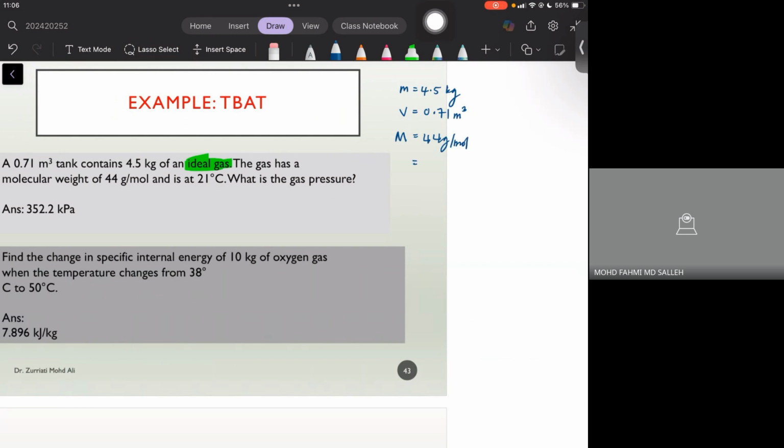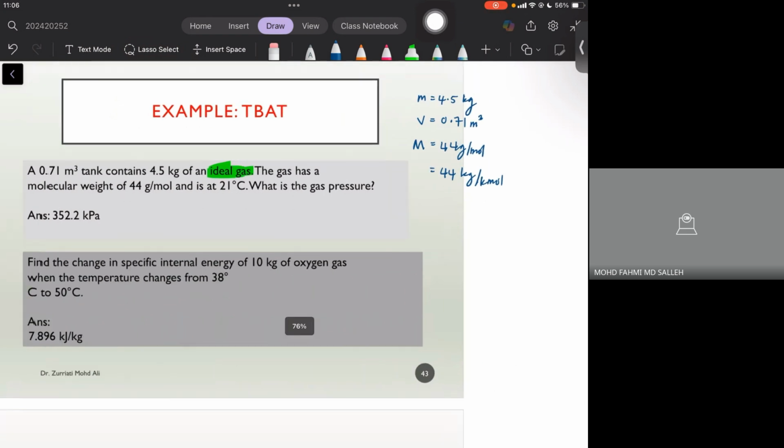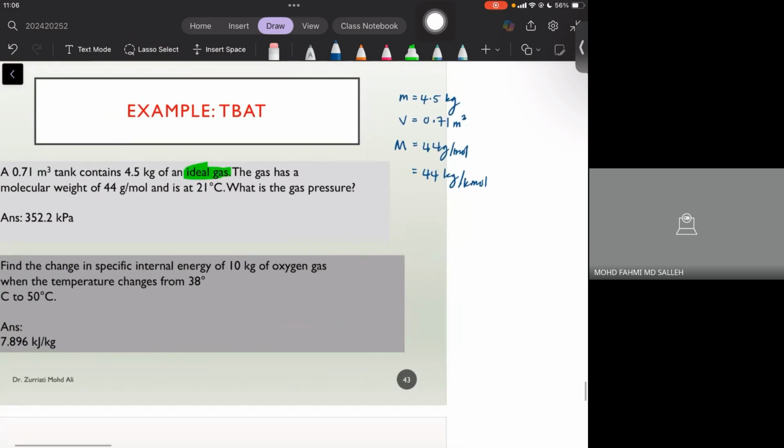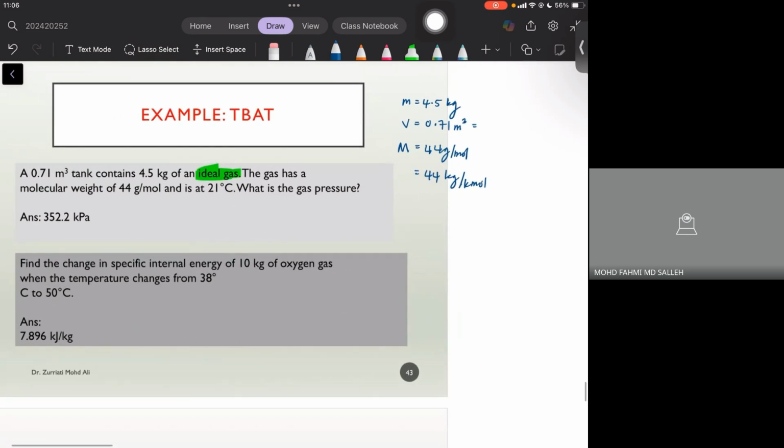So basically it's the same as 44 kilogram per kilomole. So this is the tank. The volume is actually the volume of the tank, 0.71.